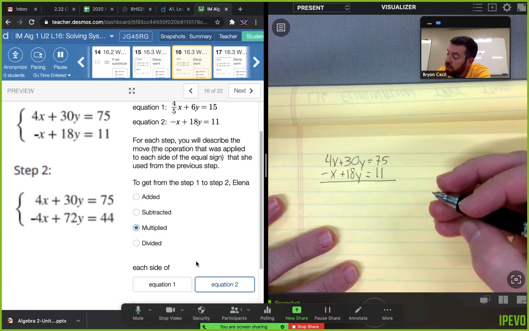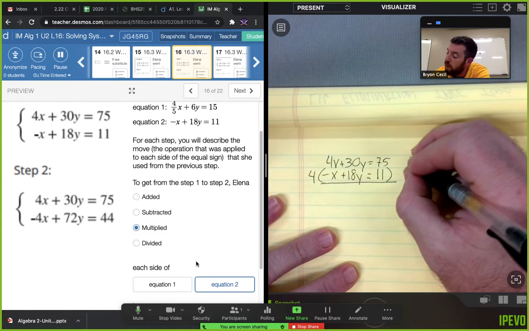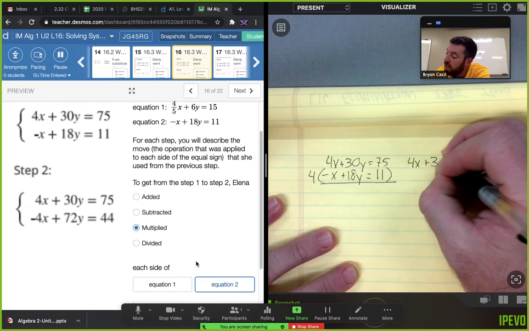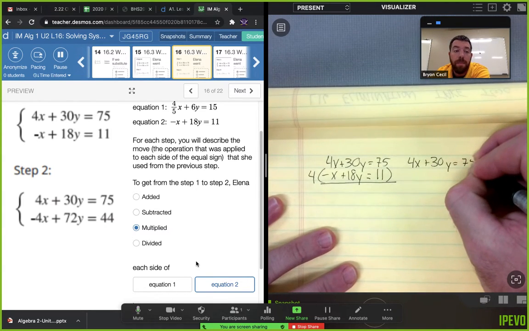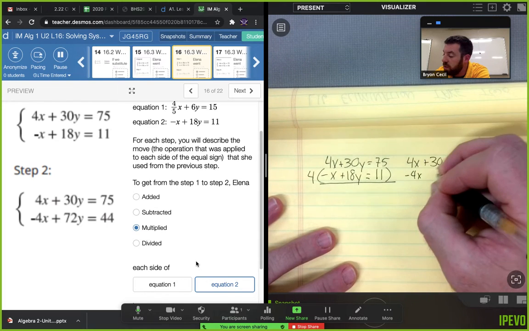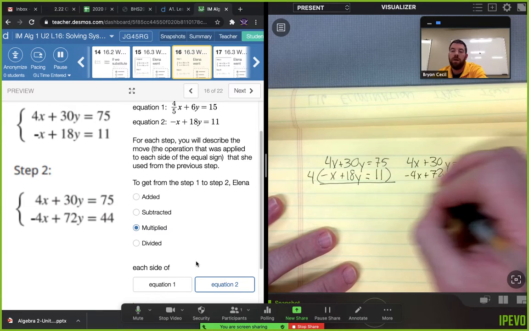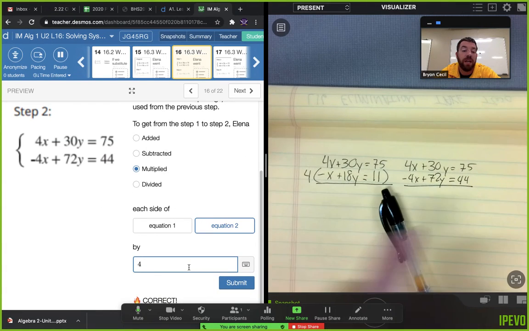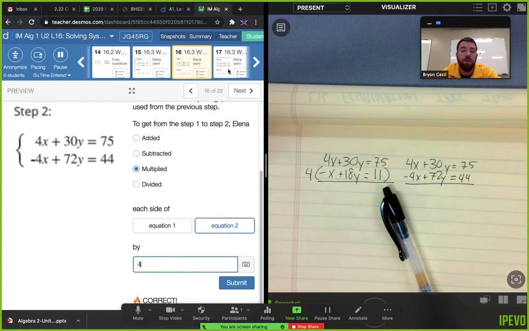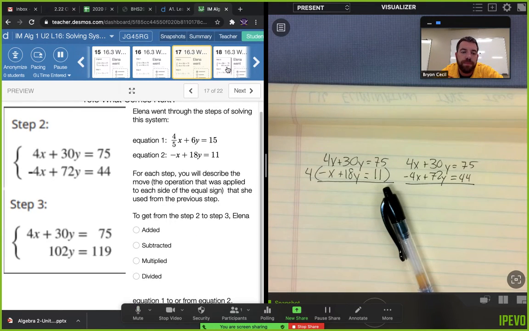So she then multiplied the bottom equation by 4, and so now I do have 4x plus 30y equals 75. The bottom equation now is negative 4x plus 72y equals 44. Okay, so again, guys, we see that she multiplied by 4. Correct!